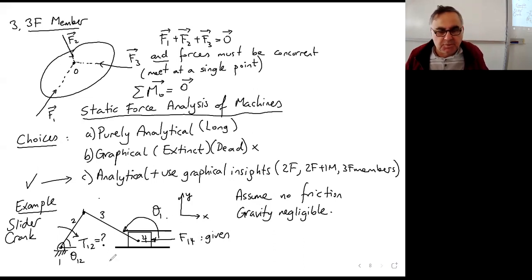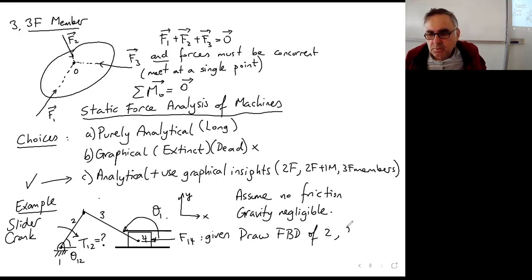So what do we do? Well, we draw the free body diagram of each link, FBD of 2, 3, and 4. And let's do that on the next page. I say this is our link 2.